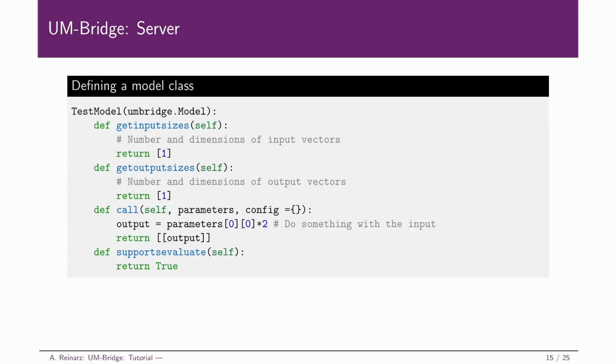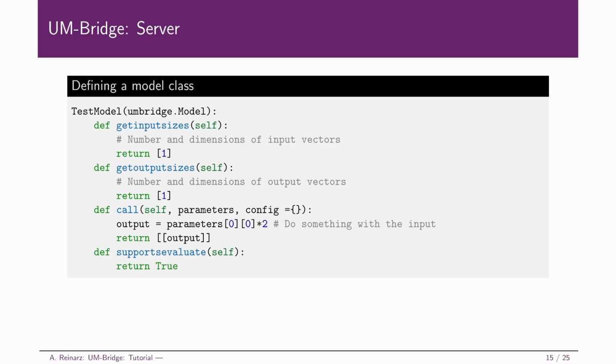So essentially what you're always going to do is you're going to write your own UM-Bridge server, which defines your model. And I'm showing here some very, very minimal code for doing this in Python. But of course, you can do this in any other supported language that you like.